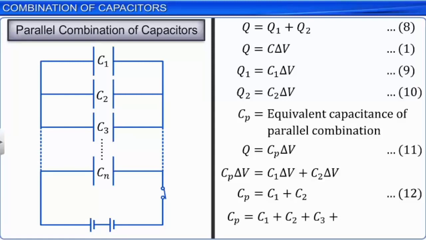Let this be equation 13. To put in words, we say that when a number of capacitors are connected in parallel, the equivalent capacitance of the combination is equal to the sum of the individual capacitances of the capacitors in the combination.